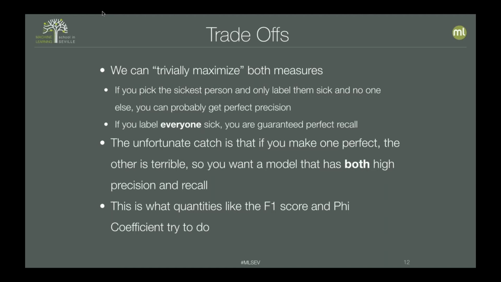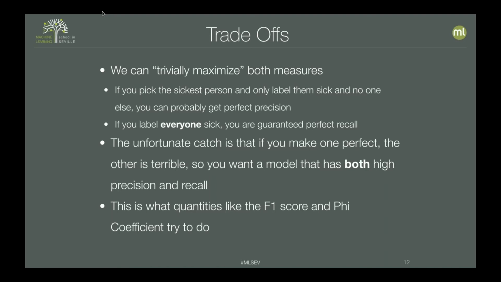You want both, but unfortunately, maximizing one, making recall go up means you pull in more people, which is generally going to lower your precision. And if you want to make your precision go up, that means you have to be more picky about who you're going to label sick, and that means your recall is going to go down. So you have to strike this balance, right?